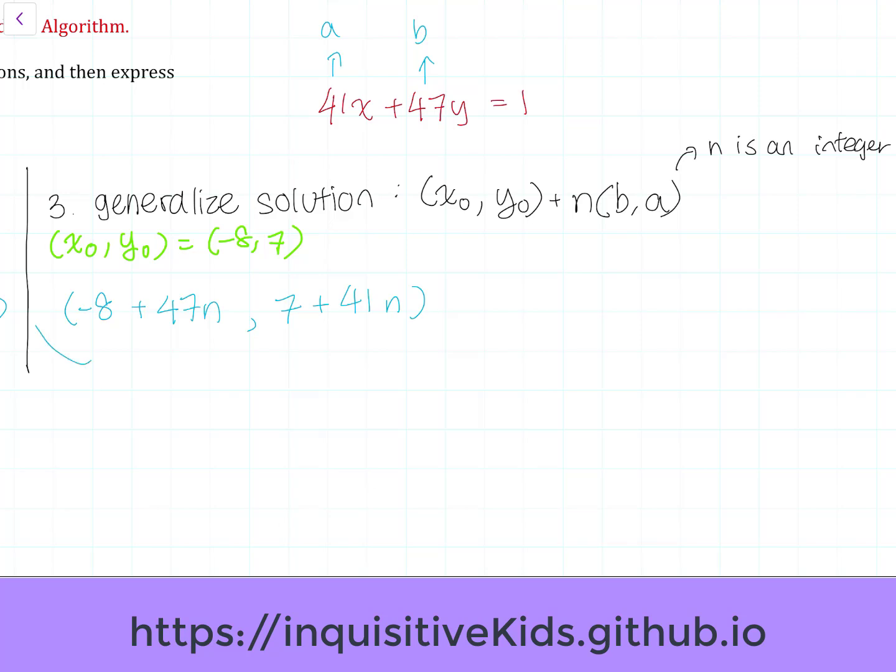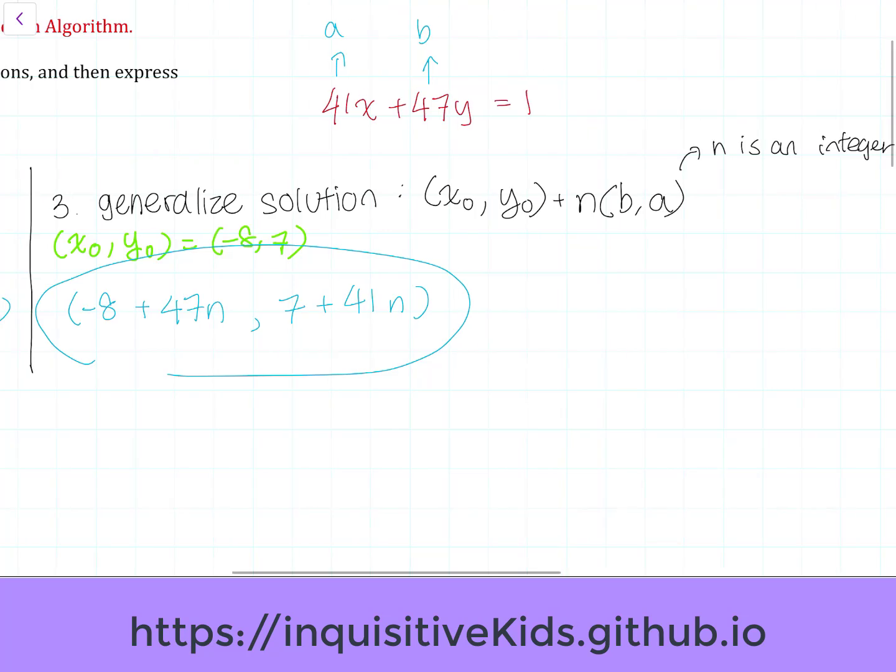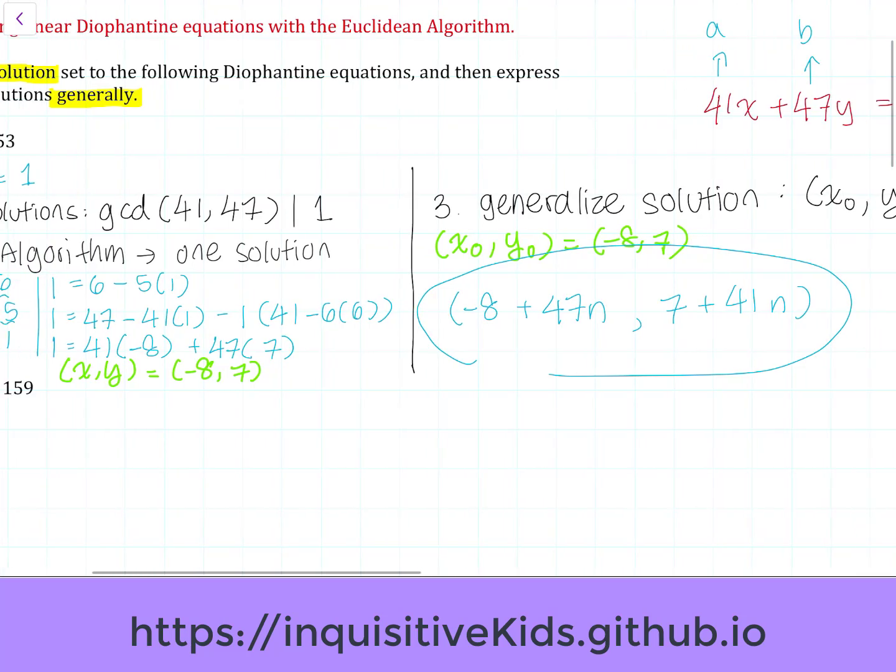This is the general solution that we are looking for. All solution sets of this Diophantine equation, the x can be expressed as -8 plus 47n, and all of the y values can be expressed as 7 plus 41n. Also, you can use any variable you want for n. So in the end, this is our general solution.